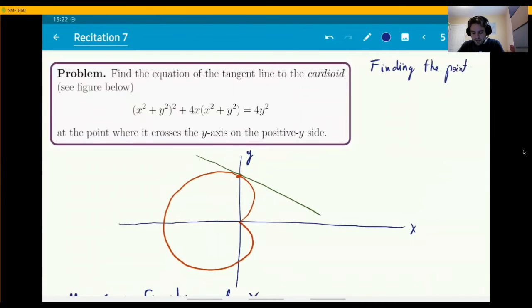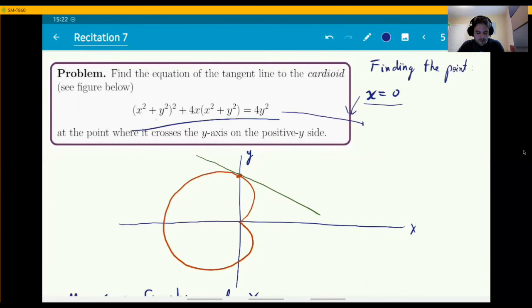Whatever this point is, it must satisfy the equation of the curve. And we know that x is equal to 0 at that point, because it is on the y-axis. So what happens if you take x equals 0 into this equation? It simplifies a lot.